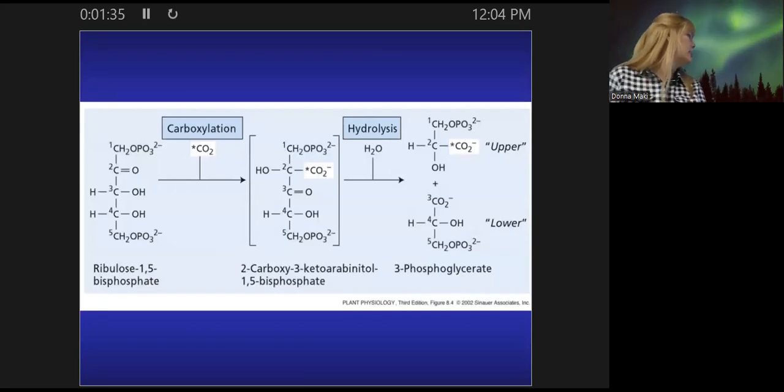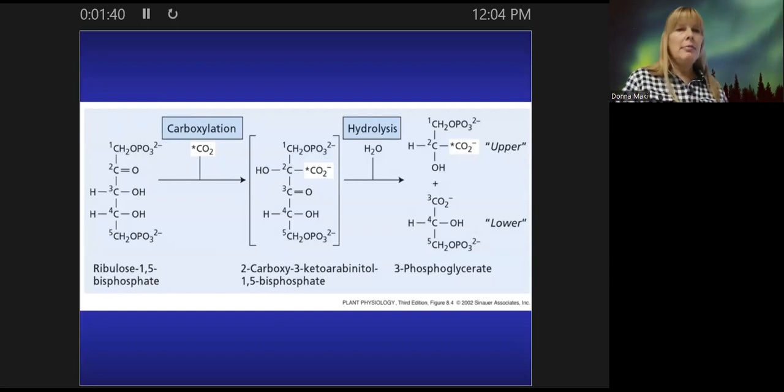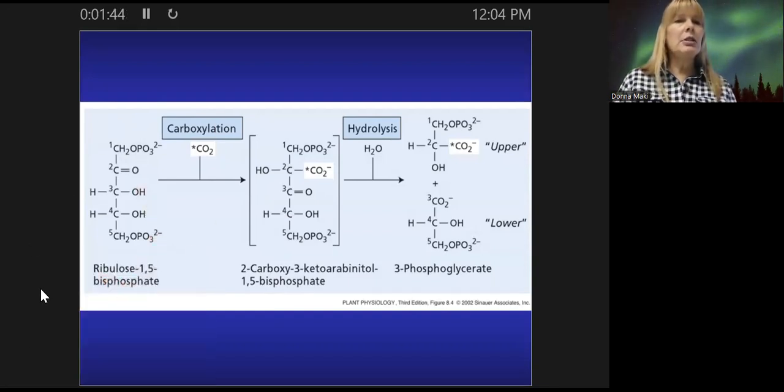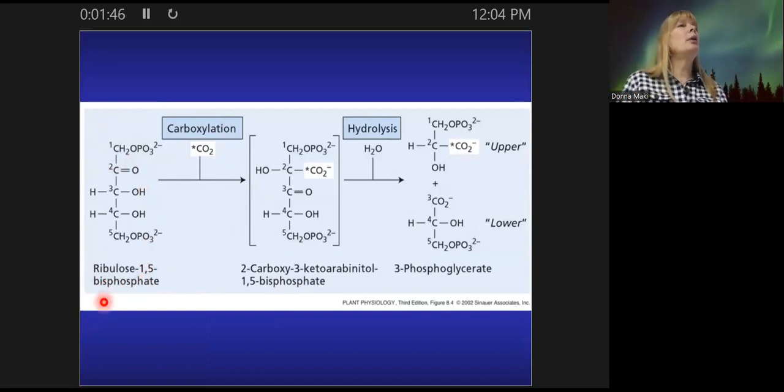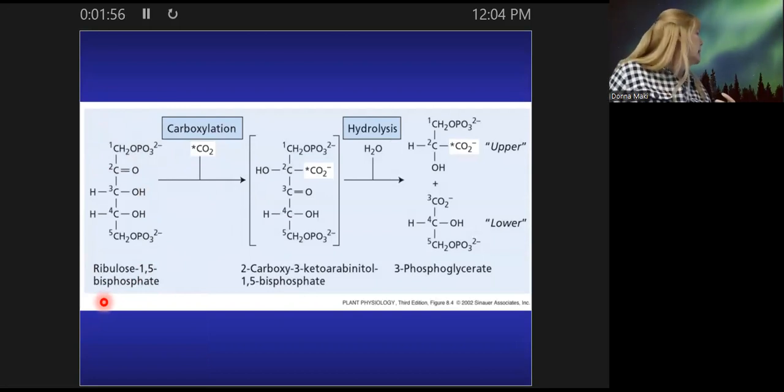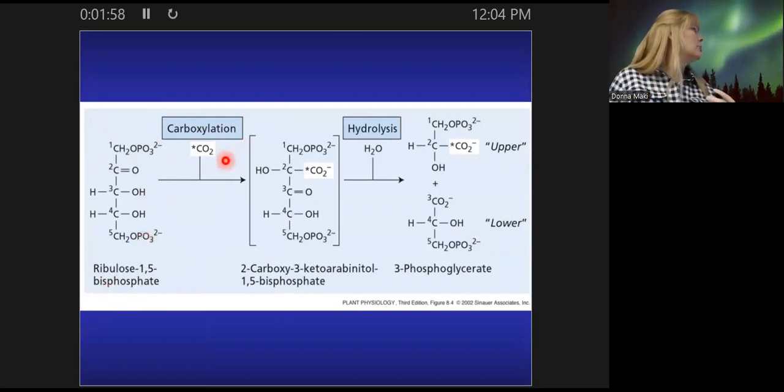So this is the carboxylation, where we have CO2 coming in, reacting with that RuBP. We call the RuBP molecule, ribulose 1,5-bisphosphate, an acceptor molecule because it's accepting CO2 as it's coming into the plant. So RuBP and CO2 react.